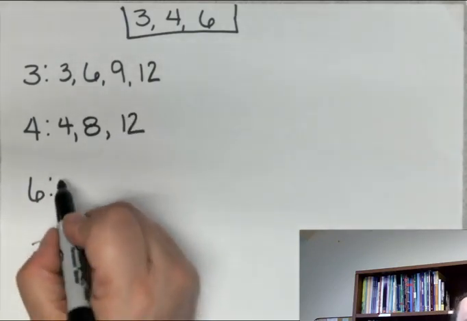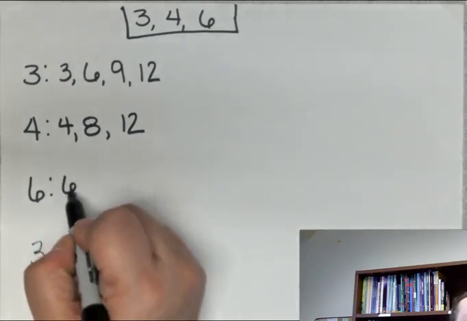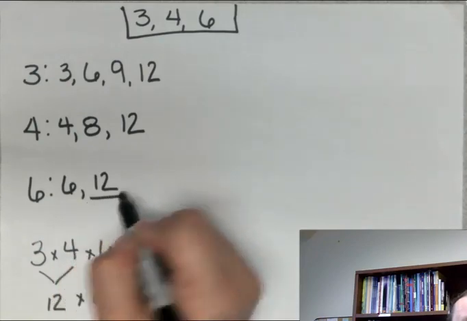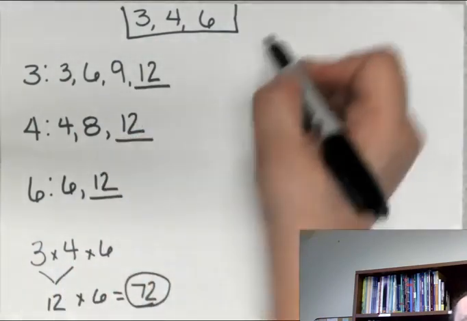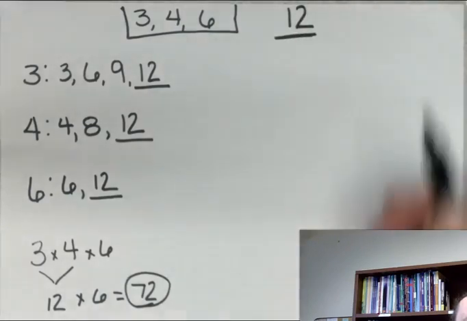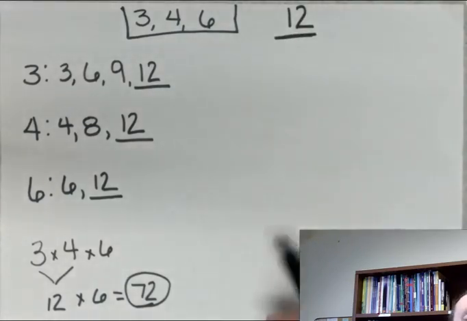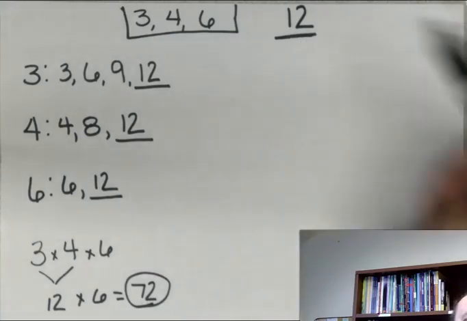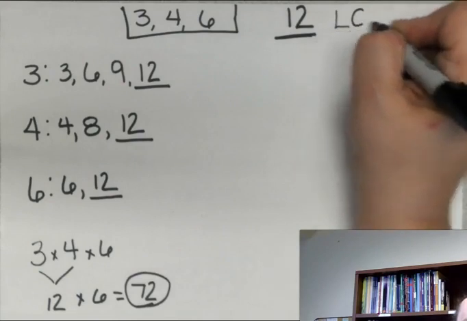Let's see if we get lucky with 6. 6 will go 6 and 12. And we have our least common multiple of 12, which is much simpler to work with, especially if we're doing fractions, than 72. So while we can guarantee a common multiple with 72 by multiplying all three numbers together, 12 is our least common multiple.